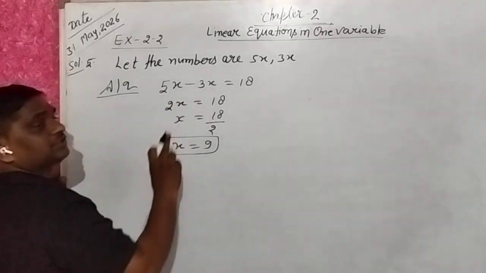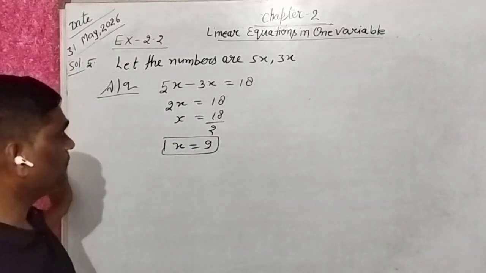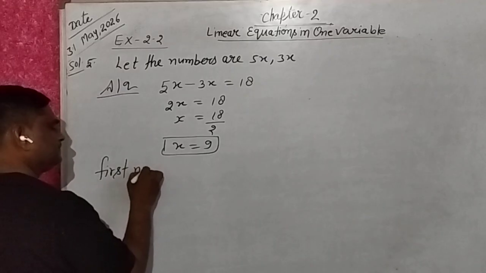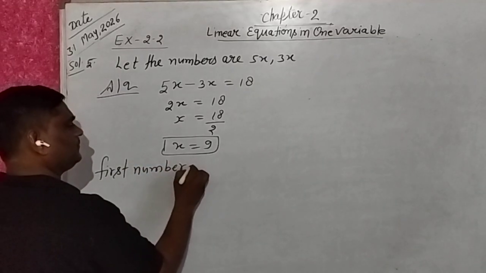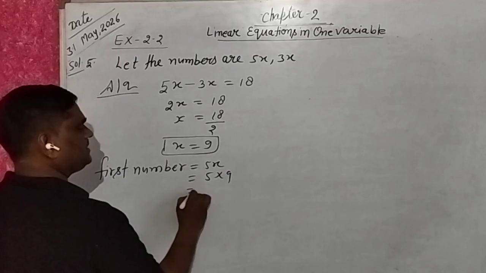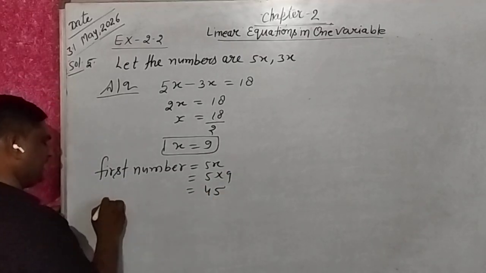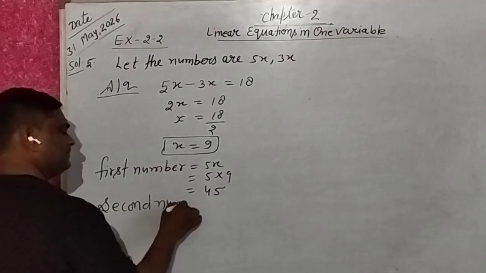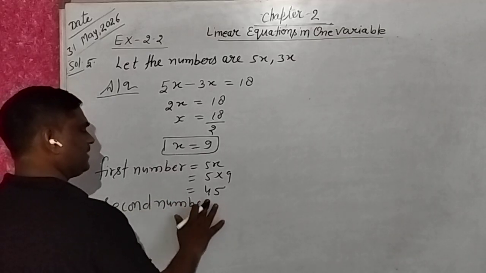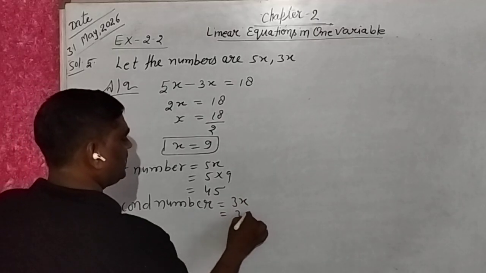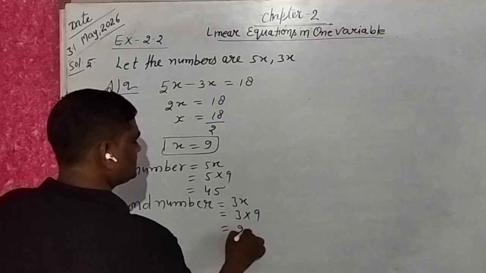First number is 5x, 5 into 9 is 45. Second number is 3x, 3 into 9 is 27.